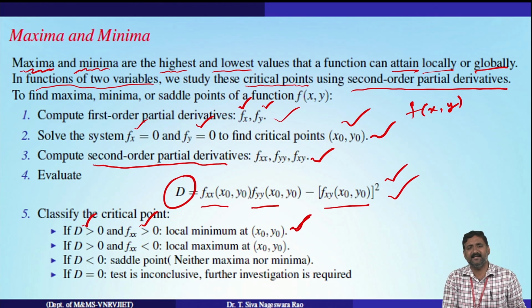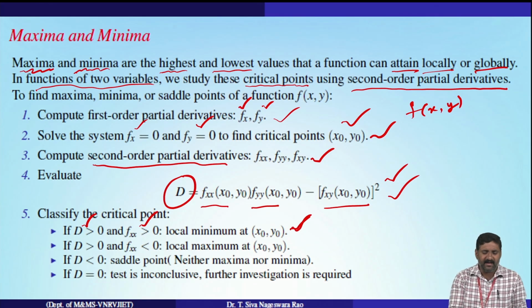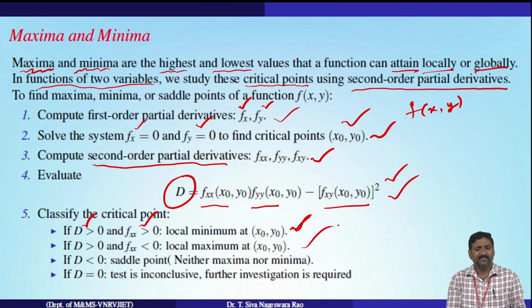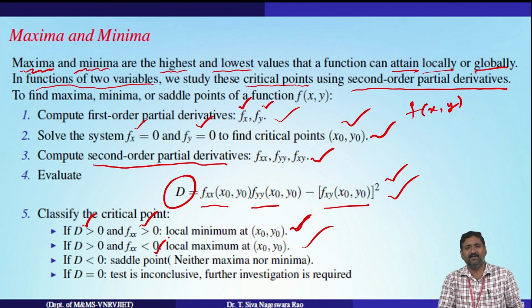So the condition for a minimum value is D greater than 0 and fxx greater than 0. Coming to the second condition, if D is greater than 0 and fxx is less than 0, then we have a maximum value at the point x0 comma y0.